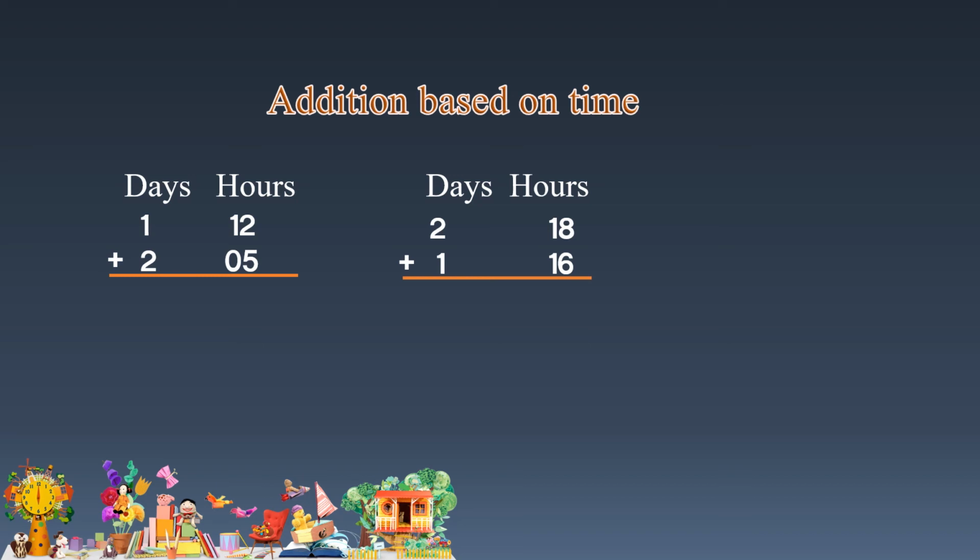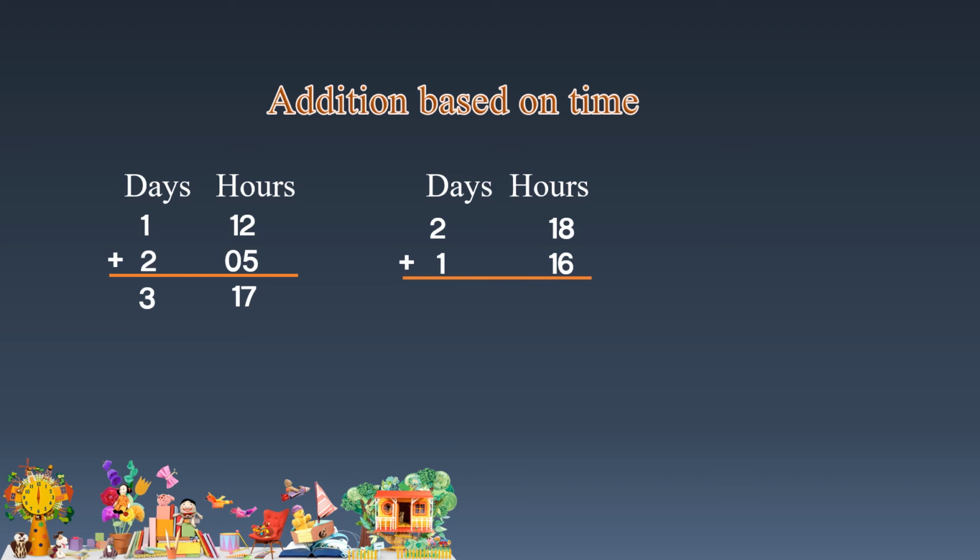We'll start with hours column. So 12 plus 5 is 17. Since it's less than 24, we can keep 17 under hours column. So in days column, 1 plus 2 is 3. Therefore, the answer is 3 days, 17 hours.